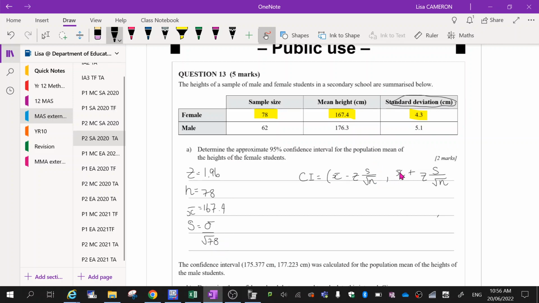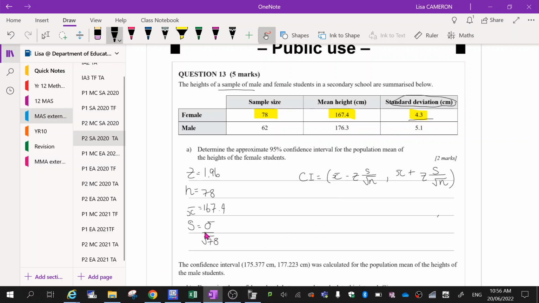Now, if you're in your exams and you're not 100% sure which one it is, make a statement about why you think it is. I would think that because this says the heights of a sample of male and female students in secondary school are summarised below, that you could say that this is from the sample. But, again, make a statement to justify why you've done what you've done.